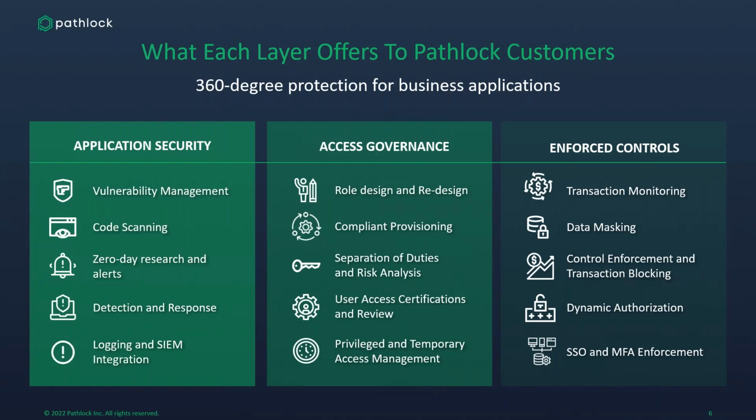First of all, today we will talk about application security, especially vulnerability management and detection in combination with code vulnerabilities, transport vulnerabilities, and how we act in zero-day research. We will also give you some oversight of what to do if you detect vulnerabilities, how to work against them, how to establish detection and response processes, and how to integrate your vulnerability scan process with SIEM and logging infrastructures. Not in focus today are the modules focusing on access governance and enforced controls.